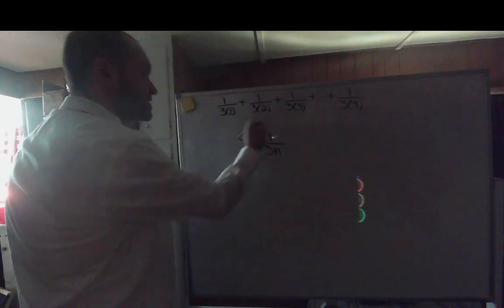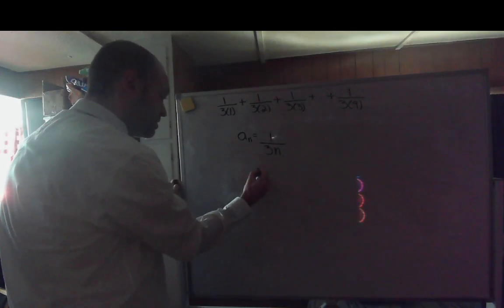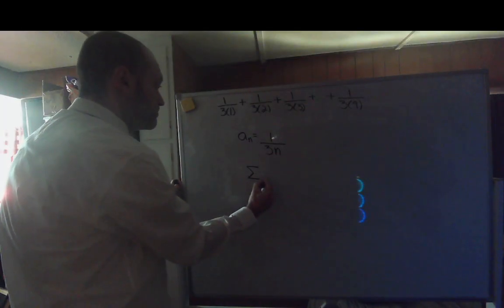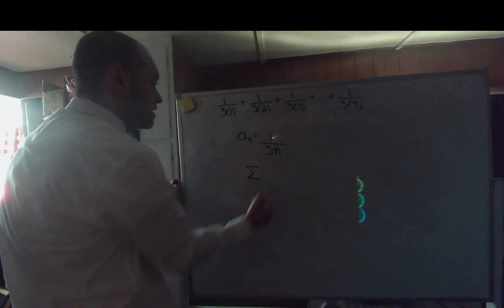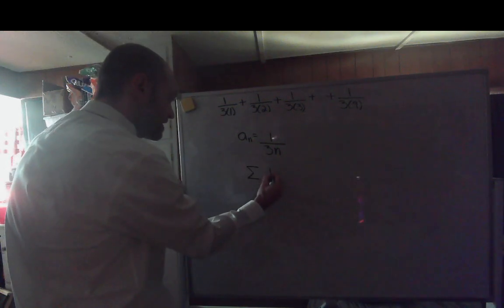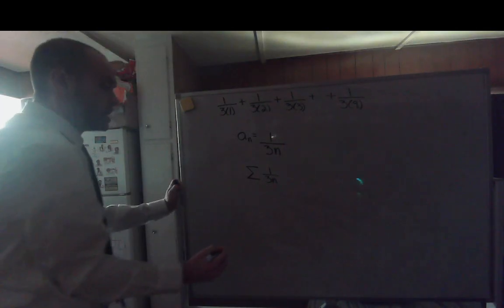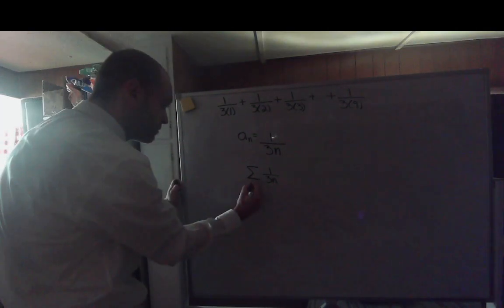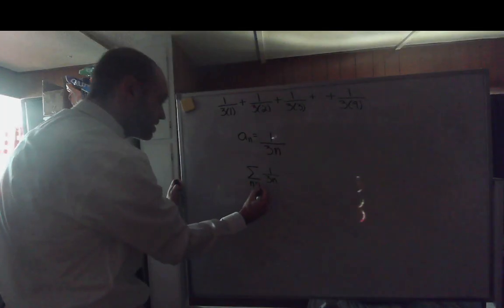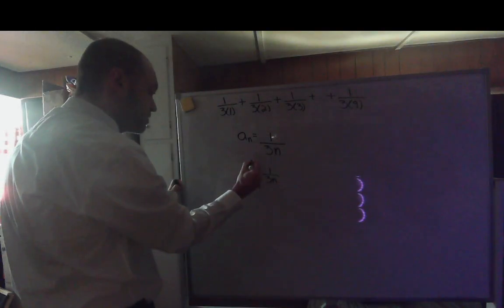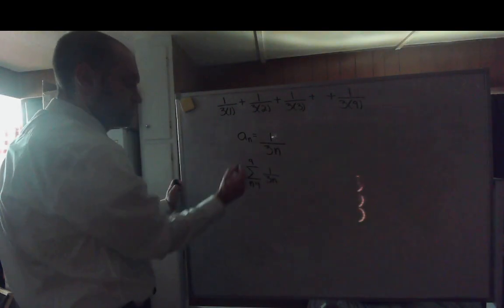To convert this to series notation, to sigma notation, you're going to take your sigma of your a sub n, which in this case is 1 over 3n, and then you're starting with n equals 1, and then your upper limit, it goes from 1 to 9, so you would put the 9 above the sigma notation.